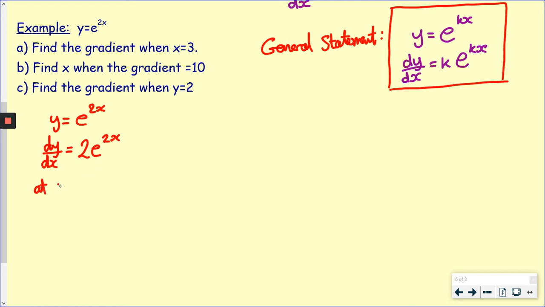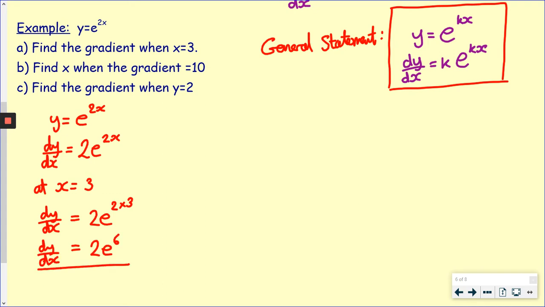At x equals 3, we can say that dy dx equals 2 times e to the power of 2 times 3. So we've got 2e to the power 6. You could plug that into a calculator to get a decimal approximation, but there is our answer.